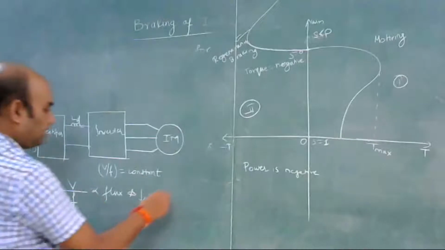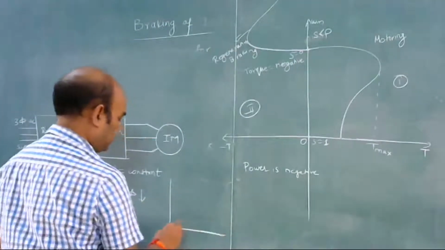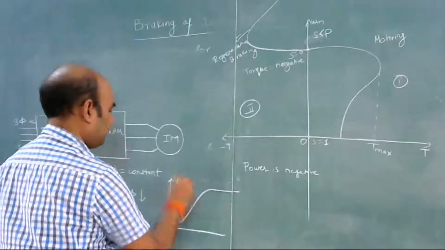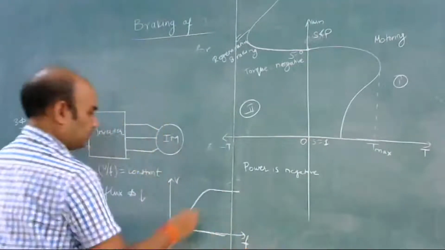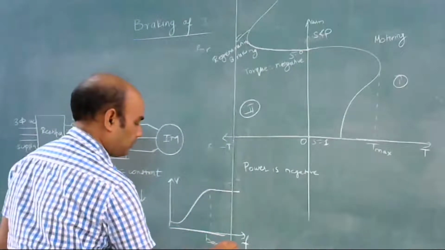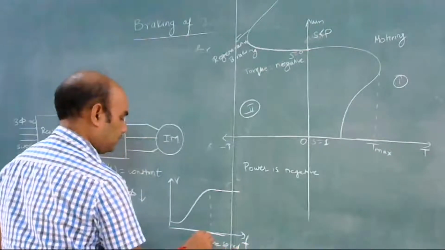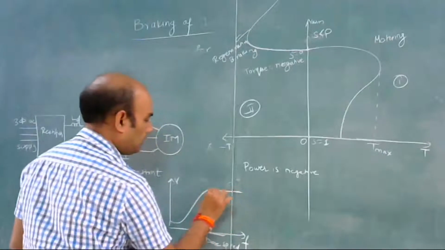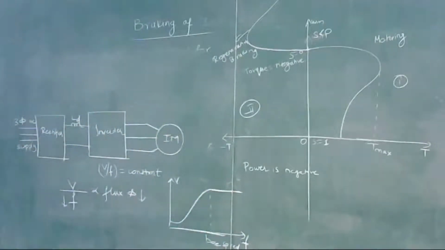Beyond the base speed, this is V and this is F, and this is our base speed. Beyond this base speed, if F is increased, flux will decrease and the speed will increase.